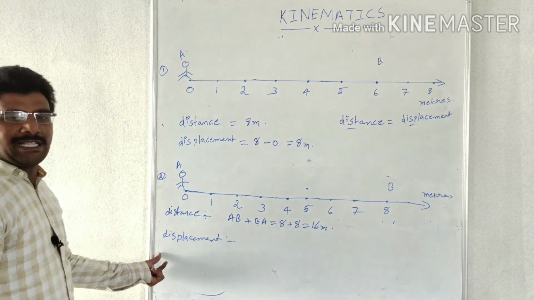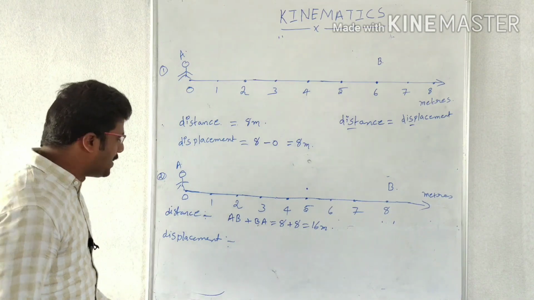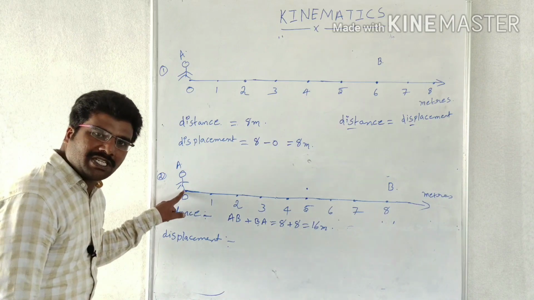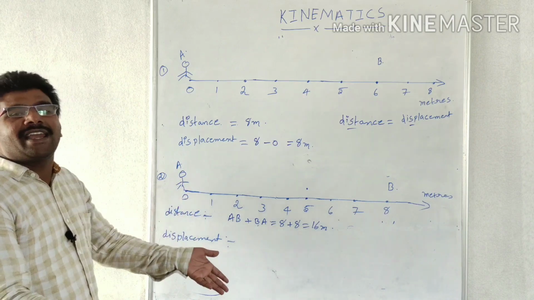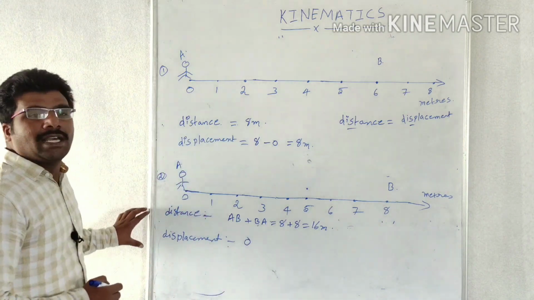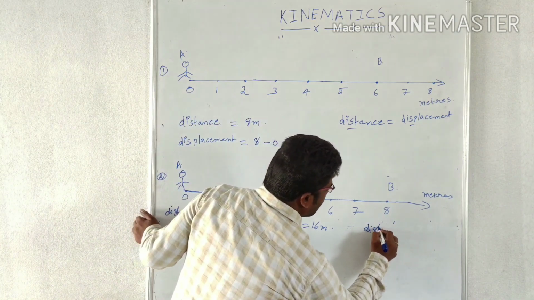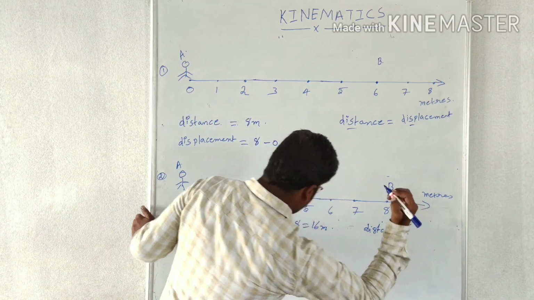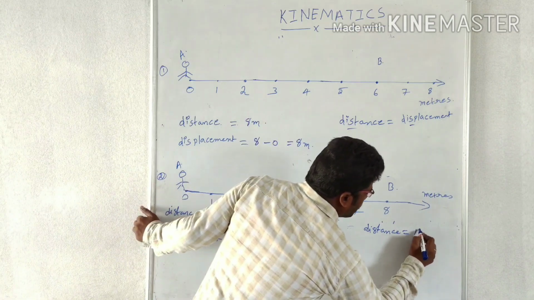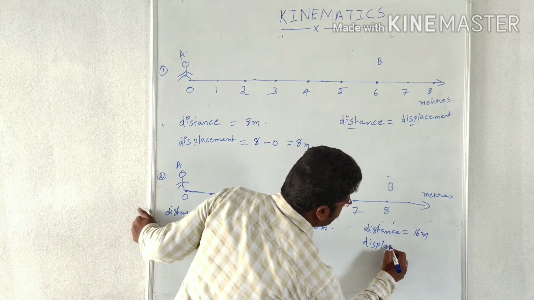Any idea about displacement? Displacement is 0. Why? Because the final position and initial position are both A. So displacement is 0. In this case, the distance is 16 meters, displacement is 0.